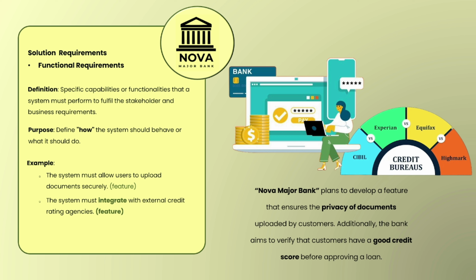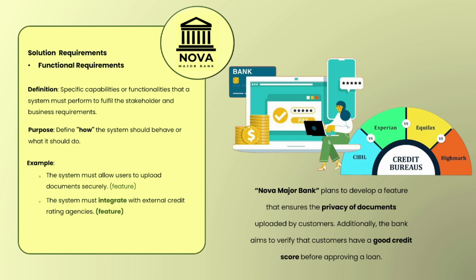In the previous requirements we have seen that the customer should apply for a loan and the loan application should be fast, but how it can be achieved is still not mentioned. So in the functional requirement it is mentioned that these are specific capabilities or functionalities that the system must perform. It is defined as how the system should behave or what it should do.